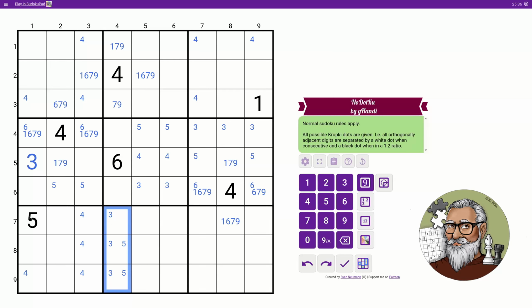Okay, so where can I put 3 here? Is there any issue with putting 3 anywhere, keeping in mind that it eliminates 6? I don't think so. Even if we put it here in the middle and it eliminates all of the 4 and this becomes a 4, and then we can't put 6 in any of these.